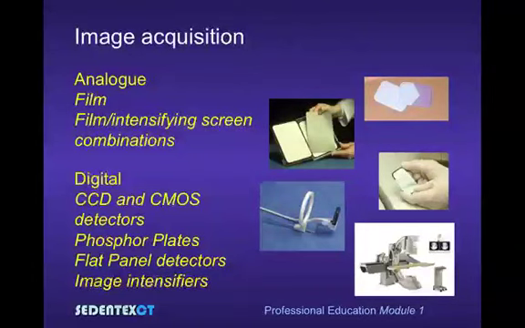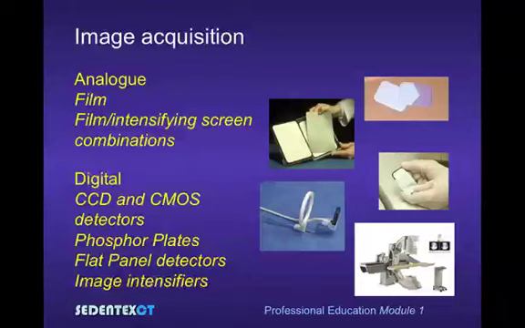If we move on to image acquisition, we all know that there's a vast range of different methods of image acquisition, even in dental radiography. If we're dealing with analog image acquisition, we have film or film intensifying screen combinations. While for digital image acquisition, we have CCD and CMOS detectors, phosphor plates, and we also have flat panel detectors and image intensifiers.